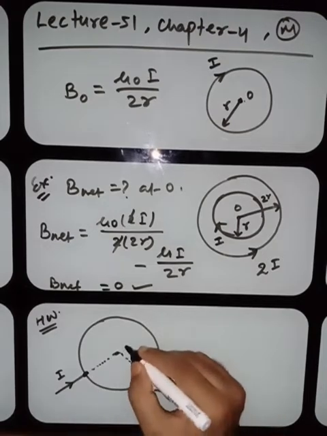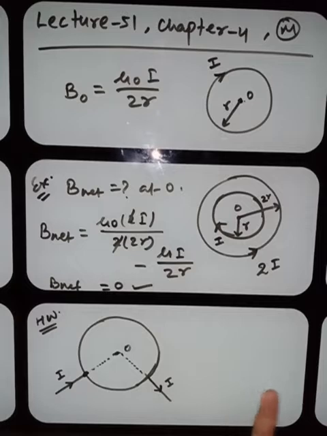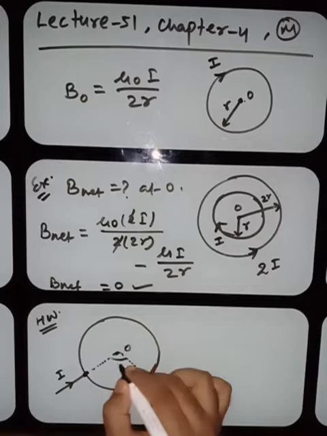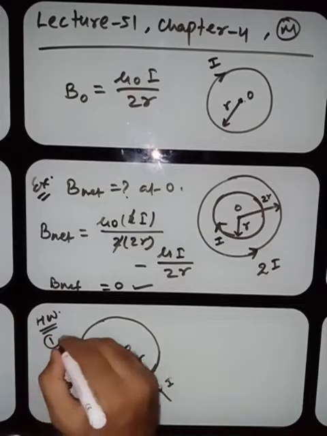These two conductors are connected with some source so that they produce the current I ampere. This I ampere goes in and leaves the same. If this is the angle theta, you have to find B net at O. What will be the net field at O if the radius of the conductor is R? This is your first homework.